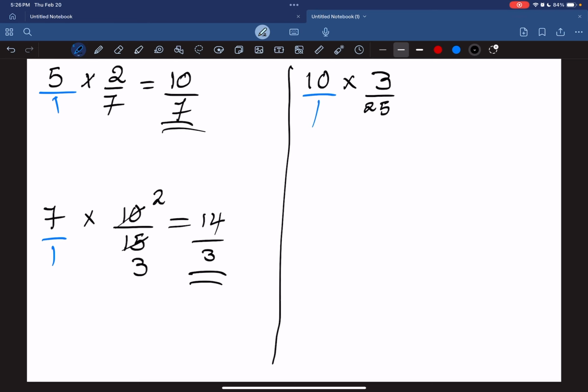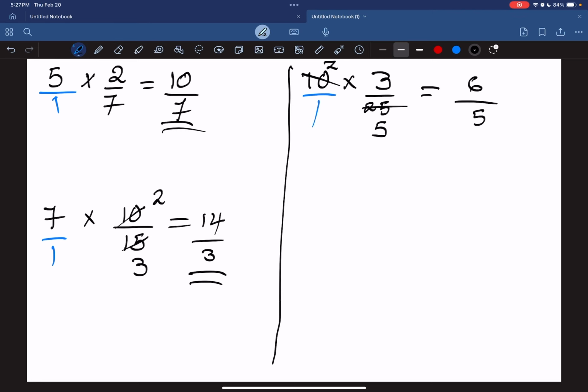What number can go into both of them? 5. So 5 into 10 goes 2 times, and 5 into 25 goes 5 times. No more reducing can be done, so let's multiply across. 2 times 3 gives me 6, and 1 times 5 gives me 5. That would have been my answer.